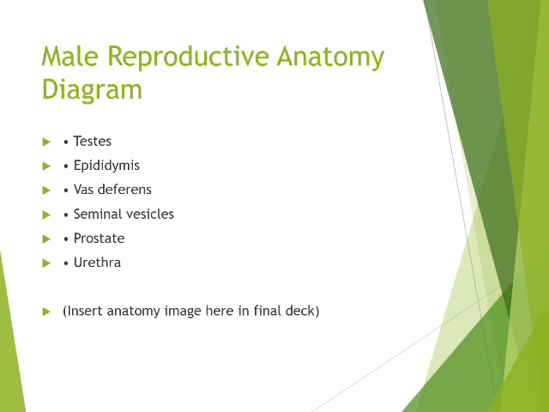Male reproductive anatomy: testes, epididymis, vas deferens, seminal vesicles, prostate, urethra. All of this we are going to go through in the course.